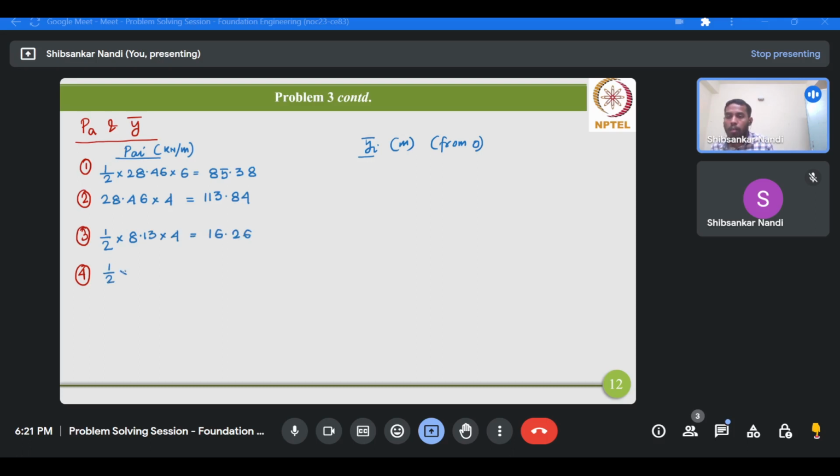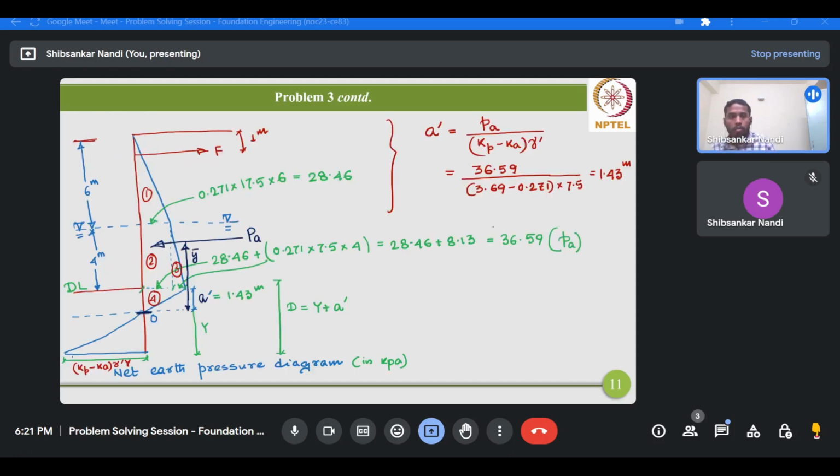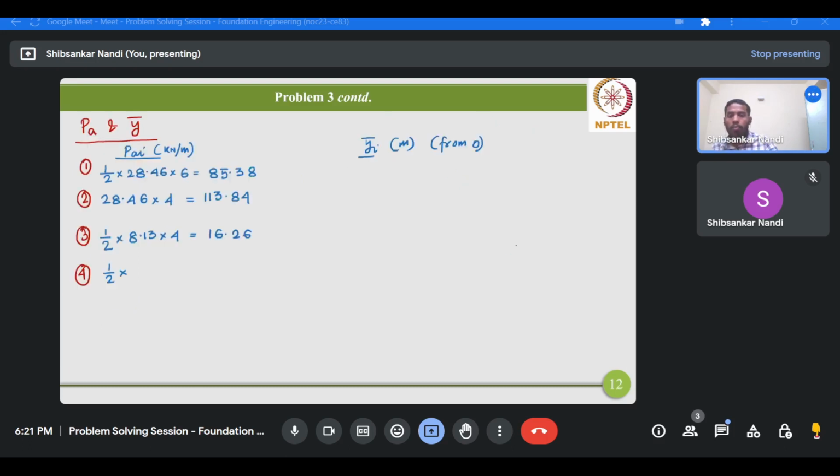And lastly, half multiplied by the total base value 36.59 multiplied by the A prime value, 1.43, which gives 26.16.